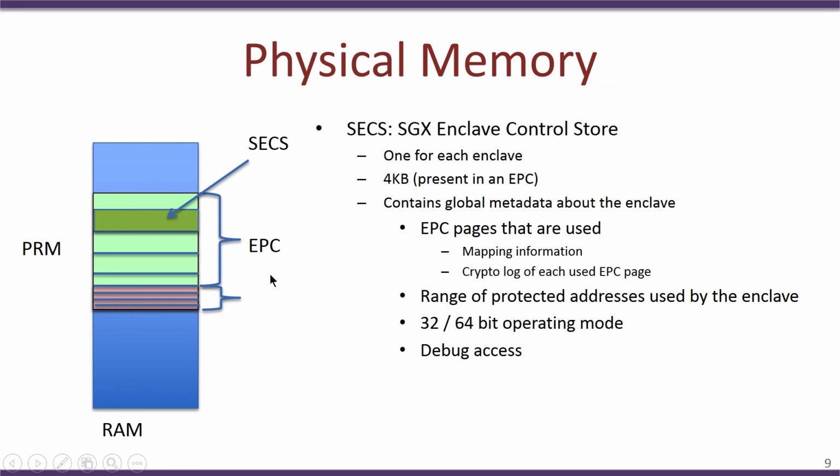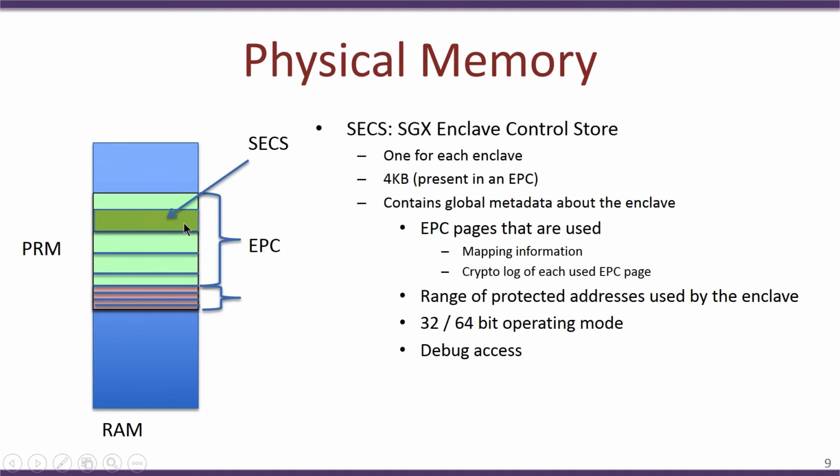Now, another related data structure which is present in the PRM is known as the SECS, or the SGX Enclave Control Store. For each enclave there is one SECS, of 4 kilobytes, and what we mean by this is, suppose there are, let us say, 10 processes running in the system and each process has one enclave, then there would be 10 SECS structures present in the PRM.